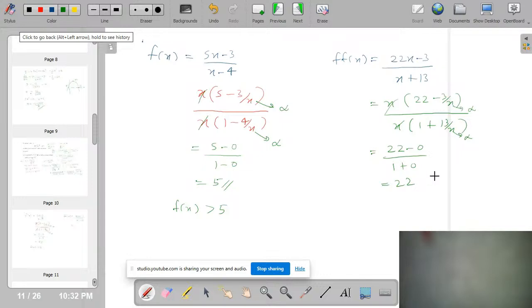So this will be the maximum value that this function can take. So f of f of x is what? Not greater than 22 but less than 22. Therefore I can write the final part. The range of f of f of x will be between 5 and 22. That's how you should do that sum, right?